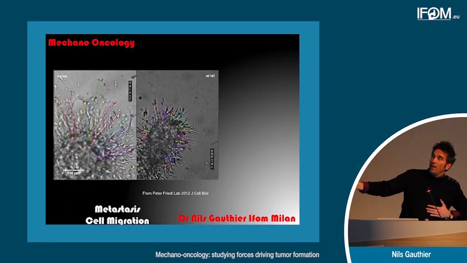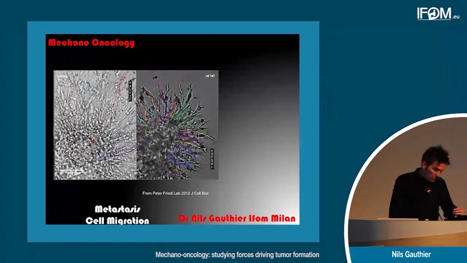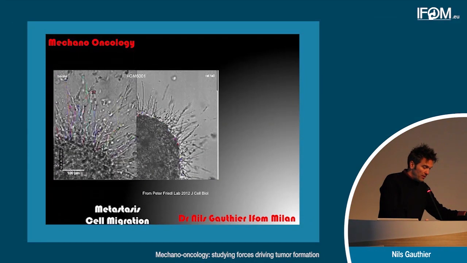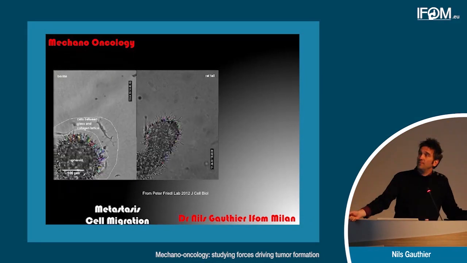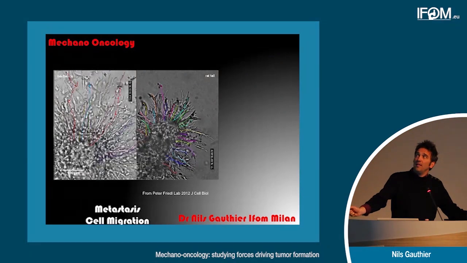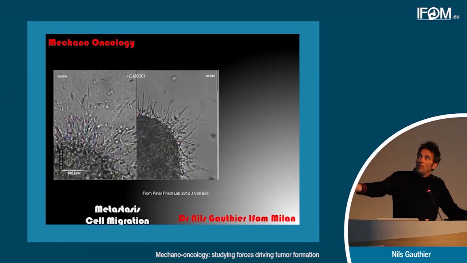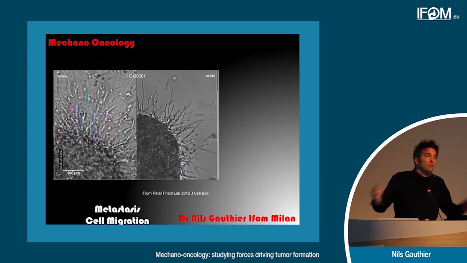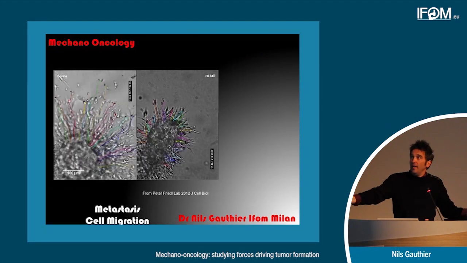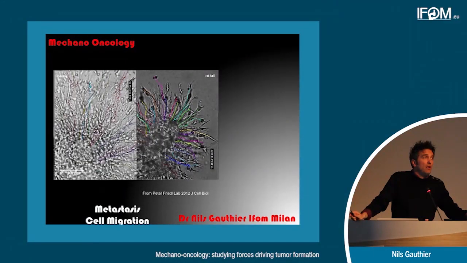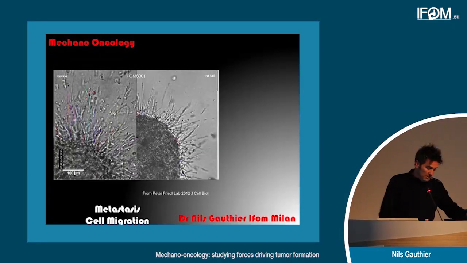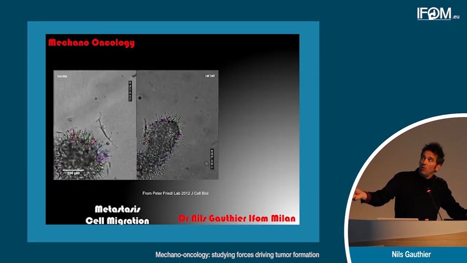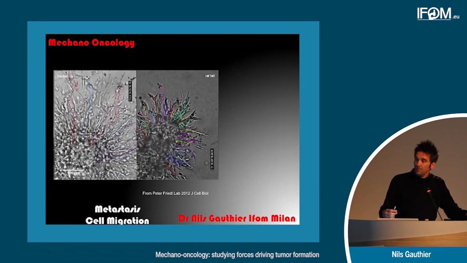You're going to see how the cells grow over time. Basically, from the central part here, there is generation of a stream of cells. The cells are migrating out. And that's how a tumor is spreading in your body. This is how the tumor gets disseminated.